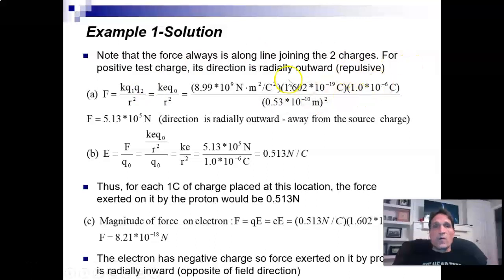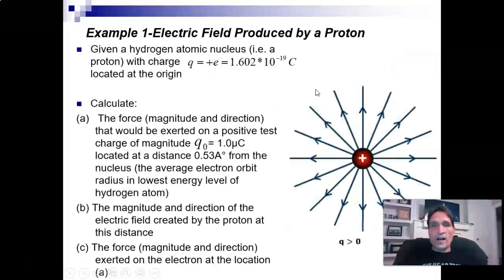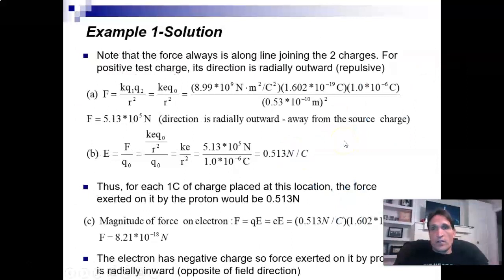Okay? And we plug in the numbers, and we get that the force exerted on this test charge is 5.13 times 10 to the 5 newtons. The test charge is positive. The nucleus is positive, so the force points radially outward away from the nucleus. So that's the force on the charge.